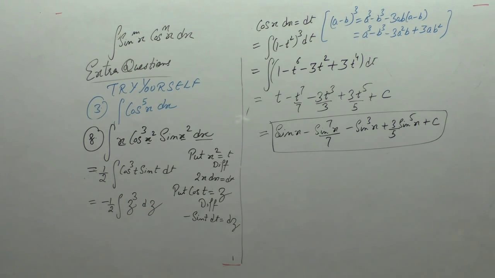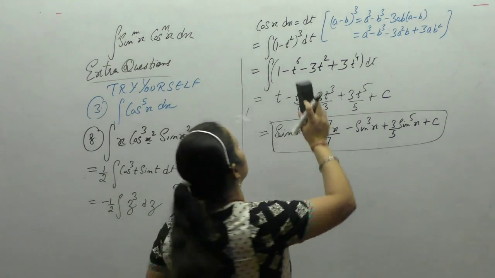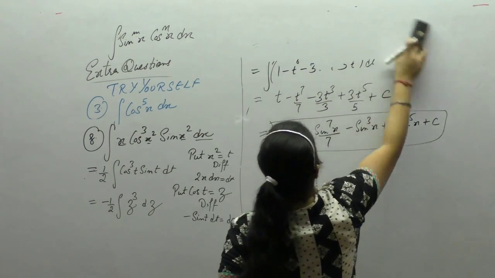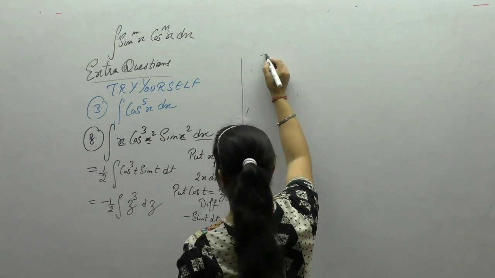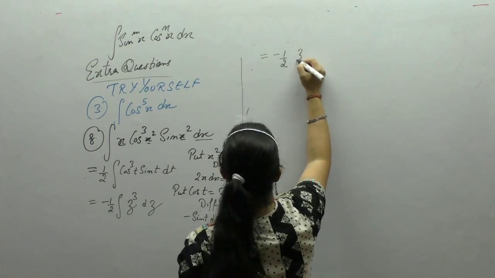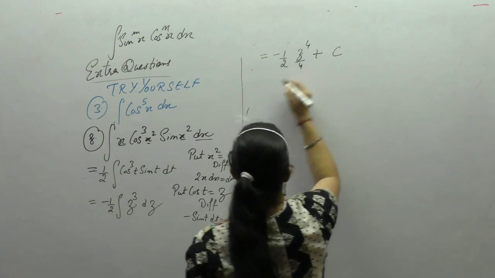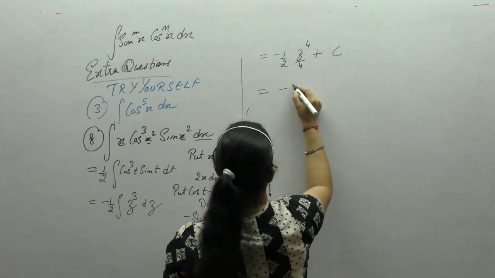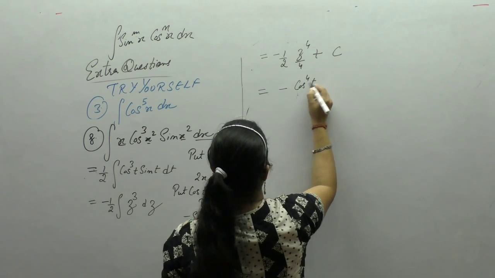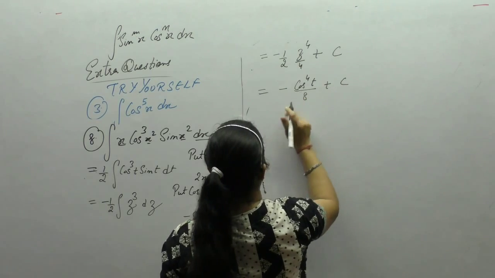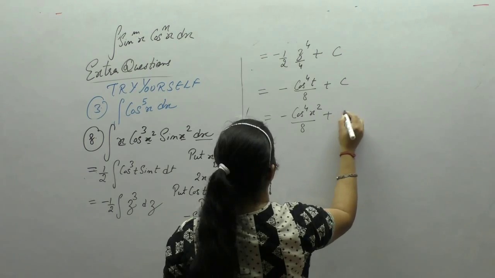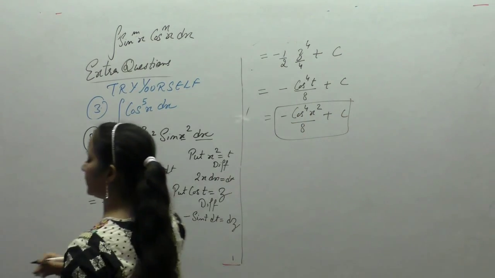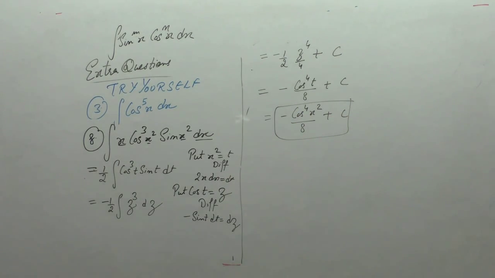Now the integral of z power 3, apply the power rule, z to the 4 upon 4, minus 1 by 2 z to the 4 upon 4 plus c, and z here is cos of t. Cos 4t upon 8, and t is x square. Minus cos 4 x square upon 8 plus c.